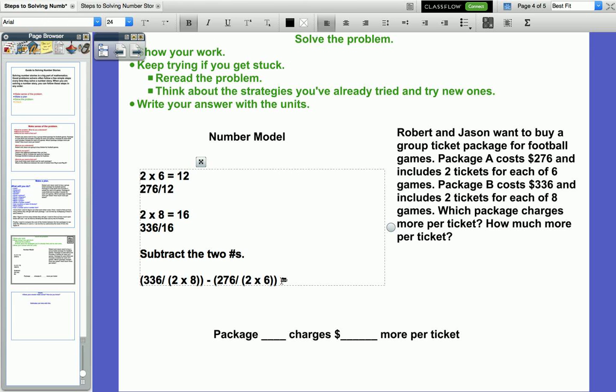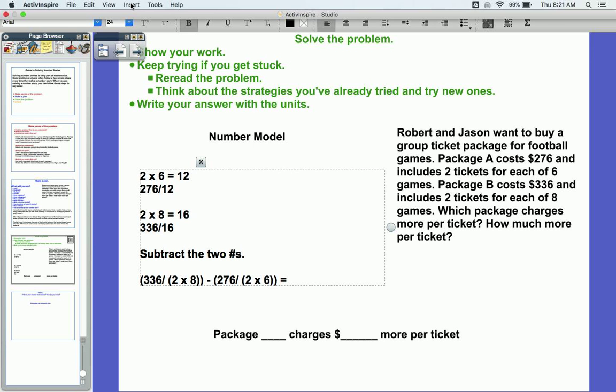And that will be my answer. So first I'm going to do 2 times 8 and 2 times 6. And then I'm going to divide 336 by that number, 276 by this number, and then I'm going to subtract the 2 to get my final answer. So 276 divided by 12, I'm going to open up a new page here so I can do that.